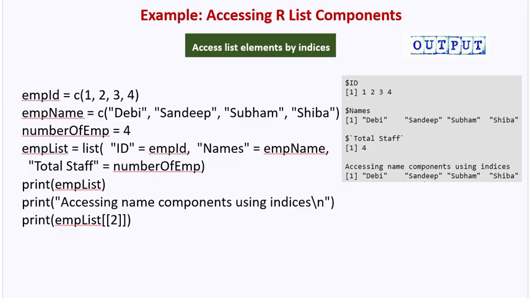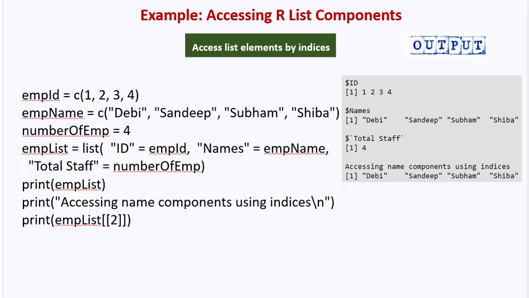We are just assigning the headings for all of these: first is the ID, second is the name, and third is the total number of employees. These are the names for the elements in the list, which help us to access them by name. And we finally print the details in the list, all the employee details.